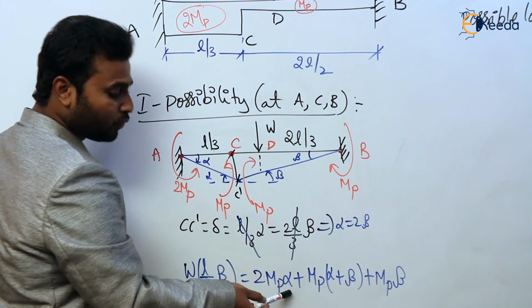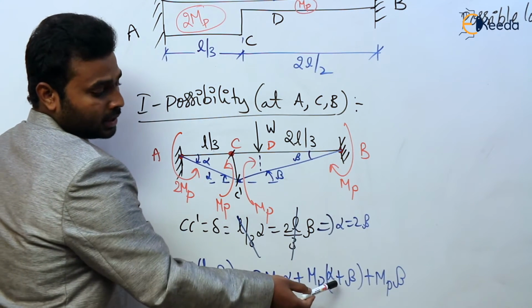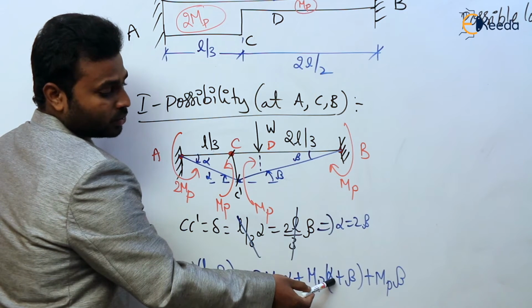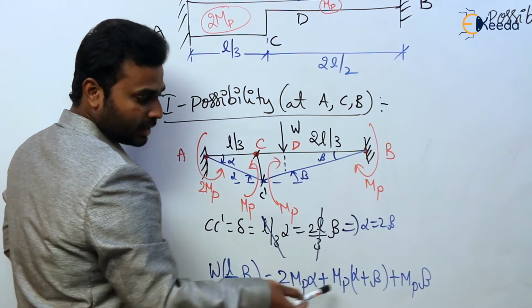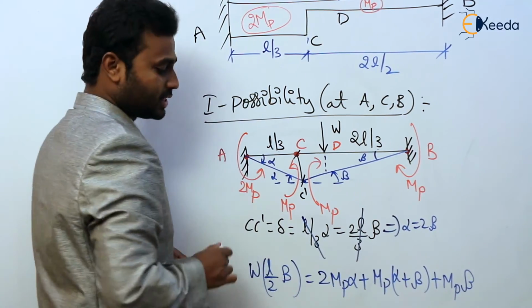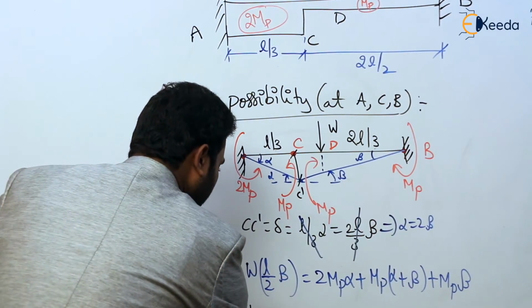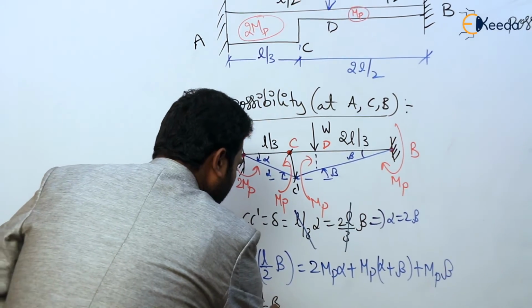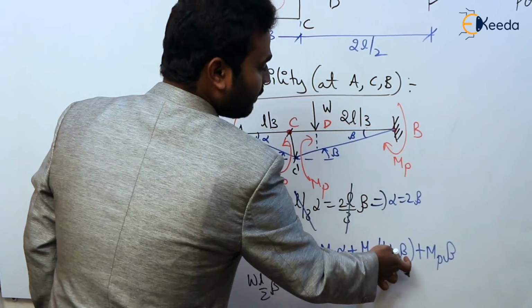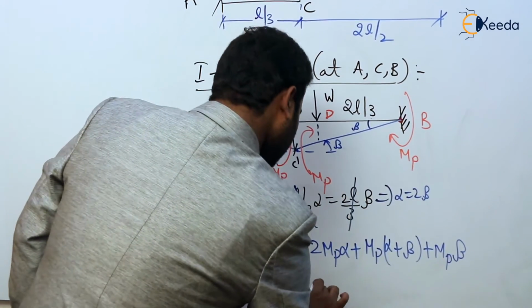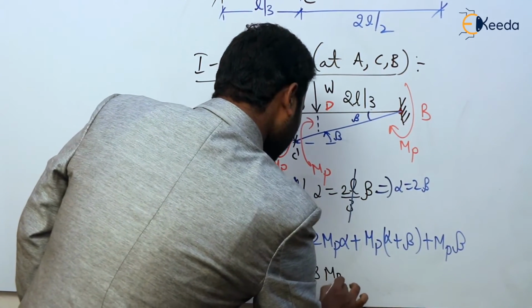So 2 into 2, 4. Next, alpha is 2 beta, so 2 beta plus beta, 3 beta. So 3 beta plus 4, 7, 7 plus 1, 8. So finally W L by 2 beta is equal to 4 plus 3, 7, 7 plus 1, so 8 mp beta.